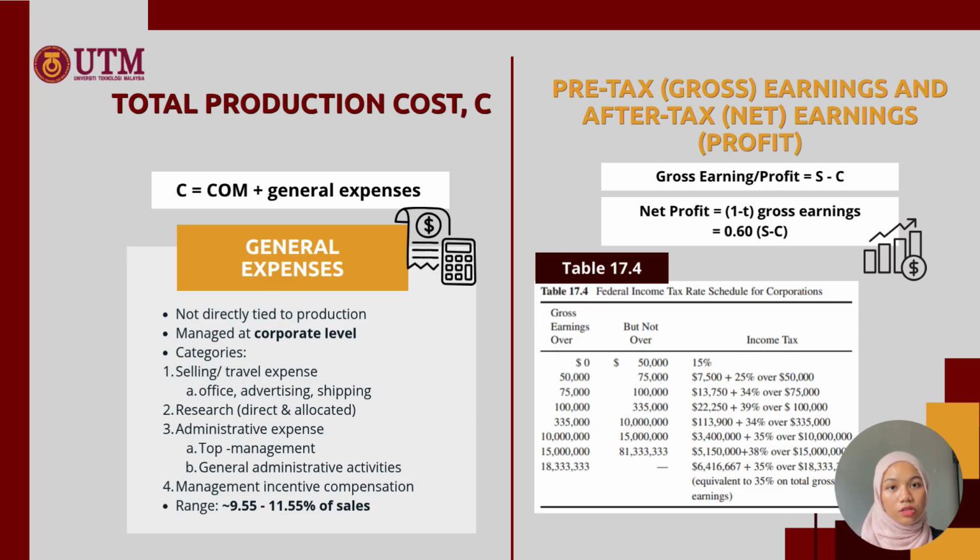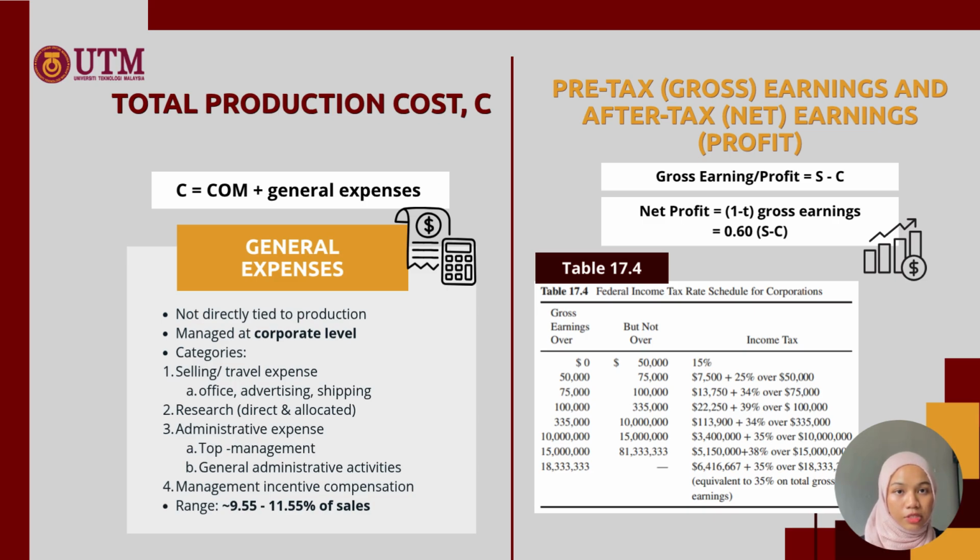After calculating COM, we can determine the total production cost, C. This is given by C equals COM plus general expenses. General expenses are costs that are not directly tied to production and are usually managed at corporate level. They include several categories: first, selling and travel expenses such as office costs, advertising, and shipping.